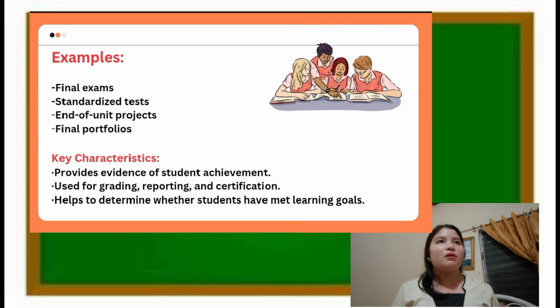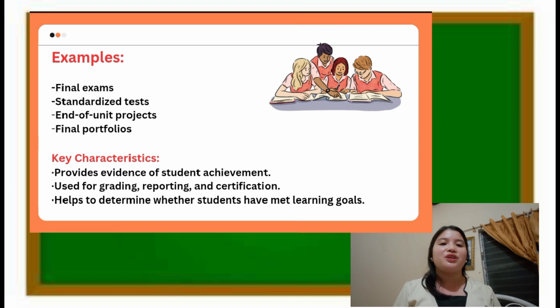The key characteristics of assessment of learning: it provides evidence of students' achievements. As a teacher, it is a way of assessing students' achievements, used for grading, reporting, and certification.